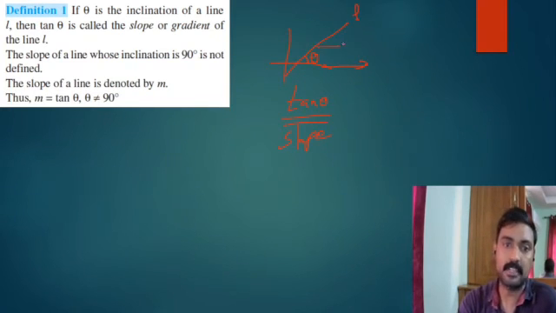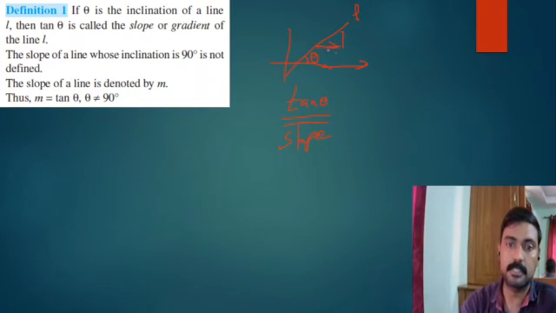Or we can understand it this way: suppose we draw a parallel to the x-axis and a perpendicular to the y-axis, we will get a triangle. This is our line which is going and it is making a slope with this x and y. So this distance is based on this point. Here is the point x2, y2.